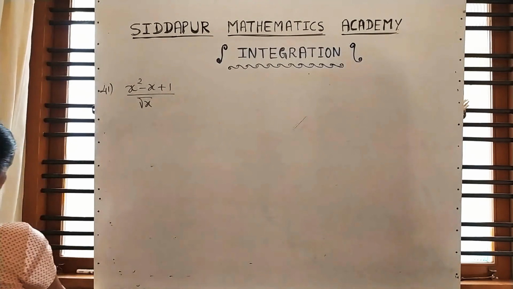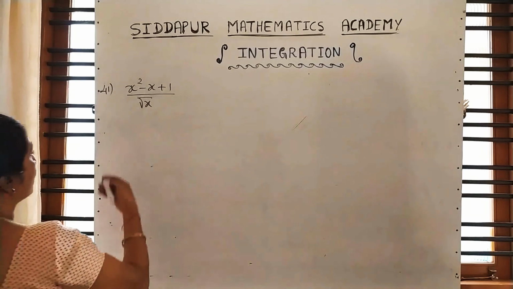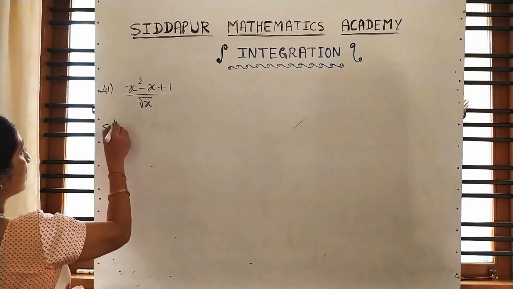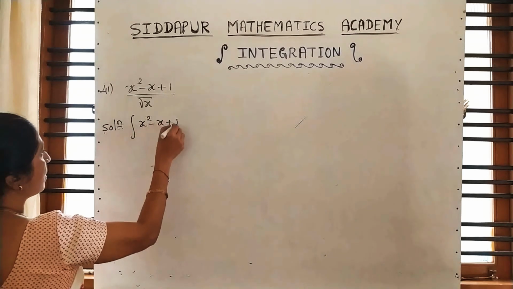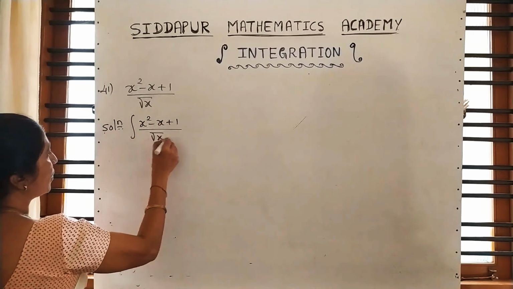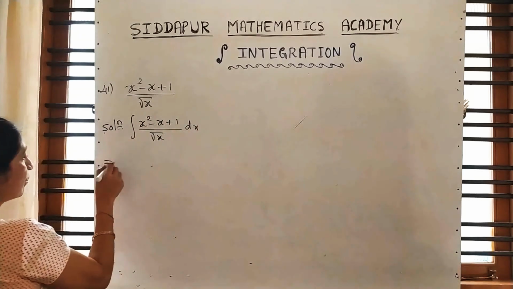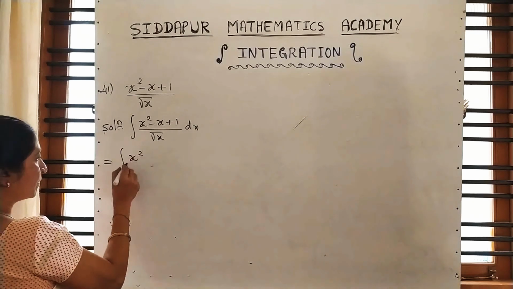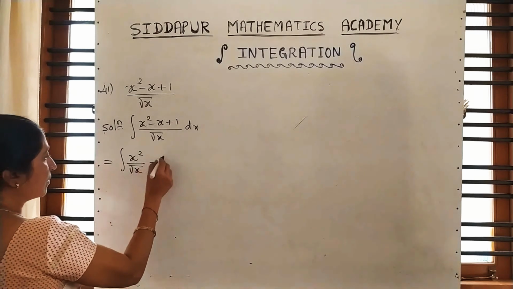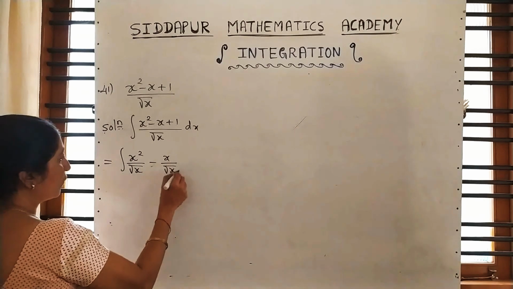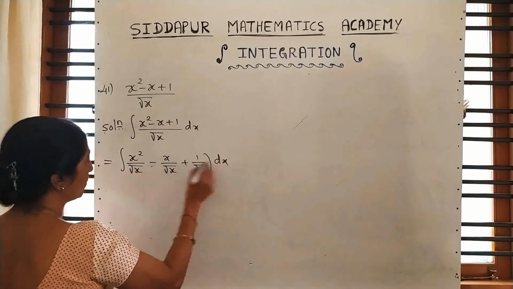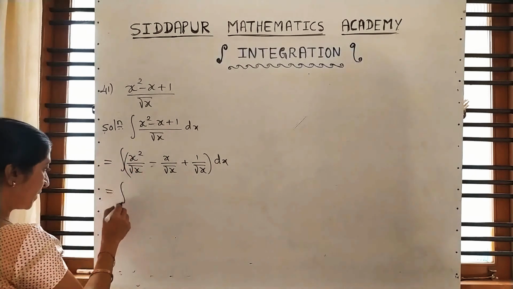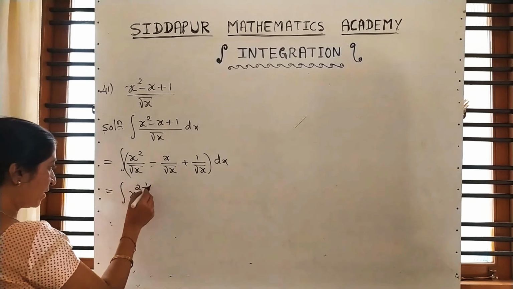This is the next question. Question number 41. This is x square minus x plus 1 upon root x. So here also I did like this. Making suitable for integration. So this will be x raised to 2 minus half.